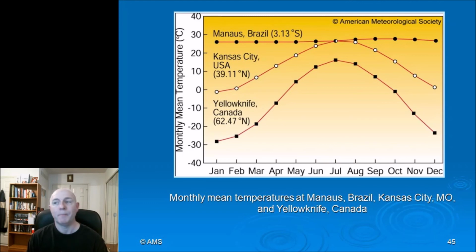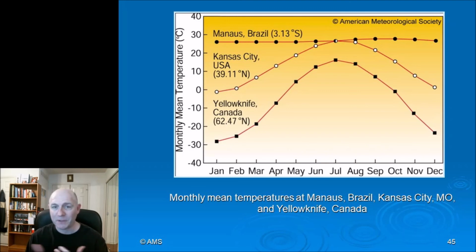But then you go into the Northwest Territories, Canada, and Yellowknife, you have that fluctuation, but it's a bigger fluctuation during the course of the year because you have much bigger changes in the amount of incoming solar radiation during the course of a year than you do in Kansas City and certainly in Brazil. Because the other thing is that the sun is out longer in June and July in Yellowknife than it is in Manaus, Brazil.